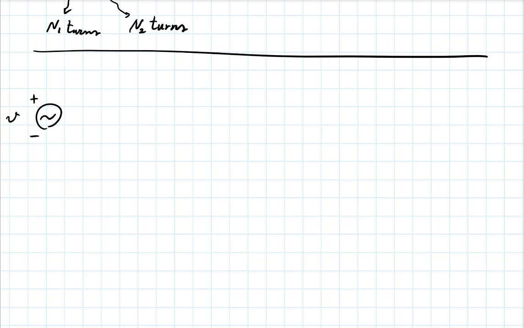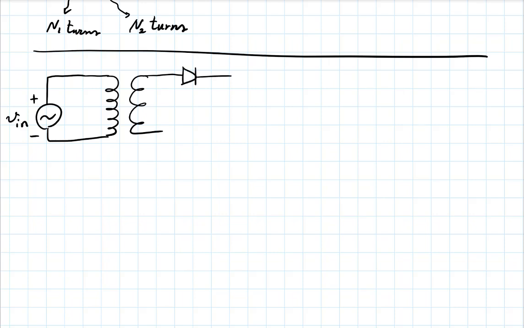So you have your V in. You feed it to this transformer. Then you put your diode here, and then your capacitor and load.